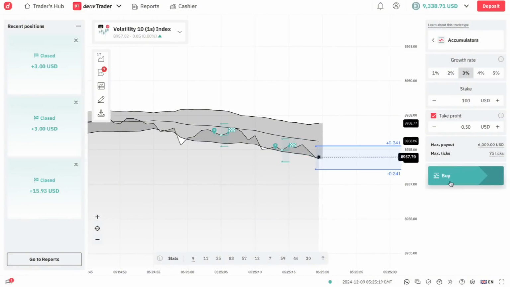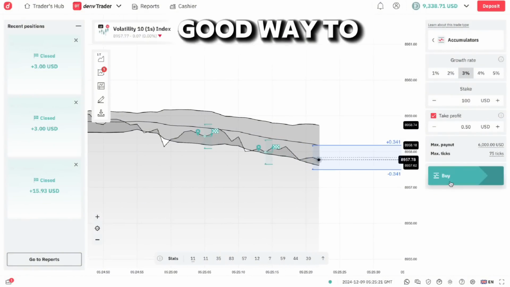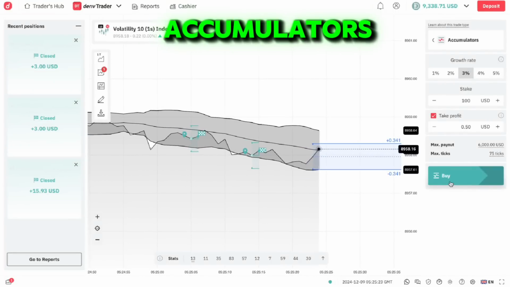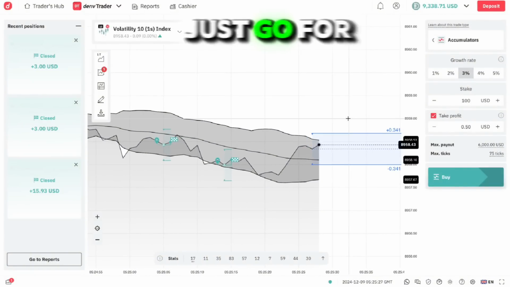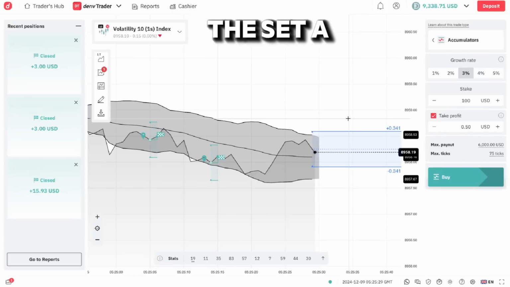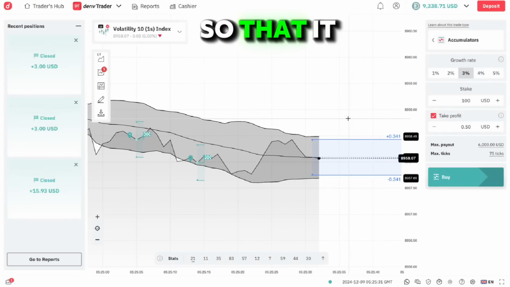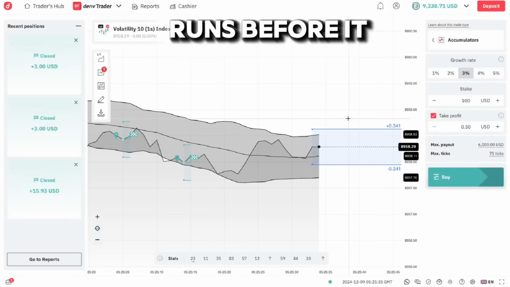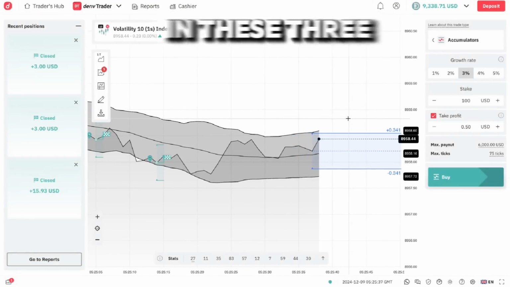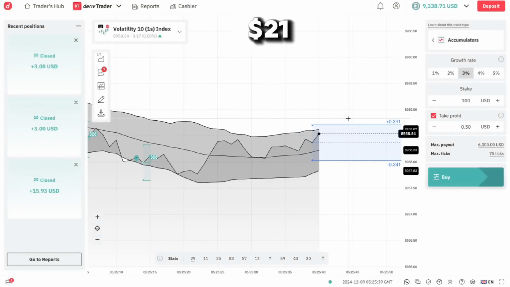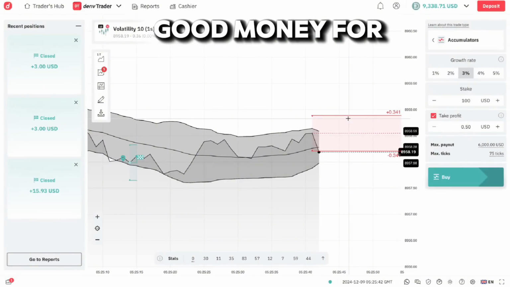But anyway, this is a good way to trade accumulators. Just use the Bollinger Bands. When it breaks out, just go for the buy and then set a low take profit so that it goes very few runs before it breaks out. You make your profit. Like for example, you can see in these 3 runs, we would have already made $21, and $21 is good money for somebody.